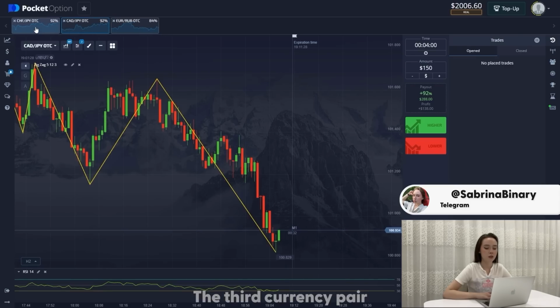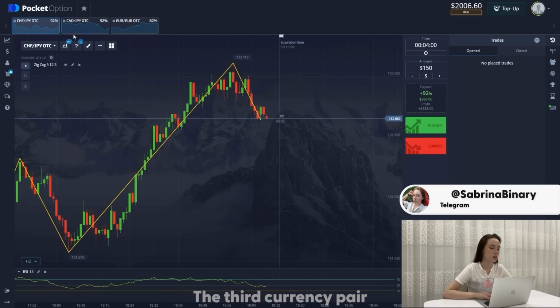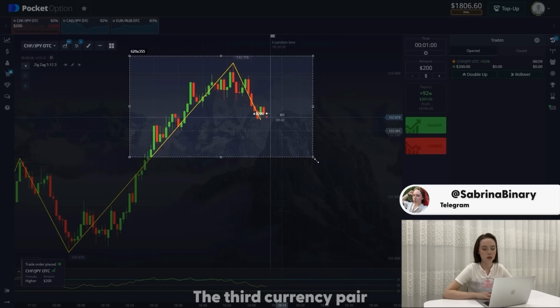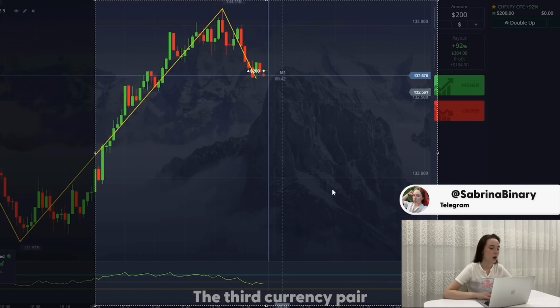Of course, the first thing that catches my eye is the zigzag indicator. The local low has already formed. There is not a single candle that goes lower than the current one. This means that the chart will go up. And next, I turn my attention to the RSI indicator. Now it's directed upwards, which also indicates future growth of the chart.